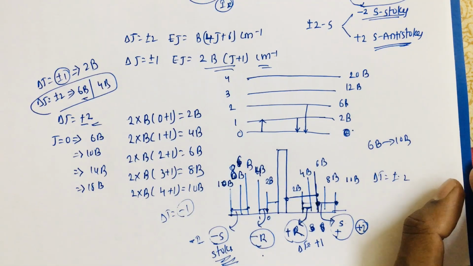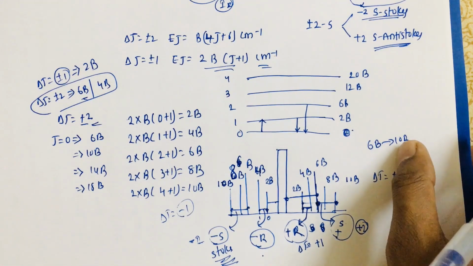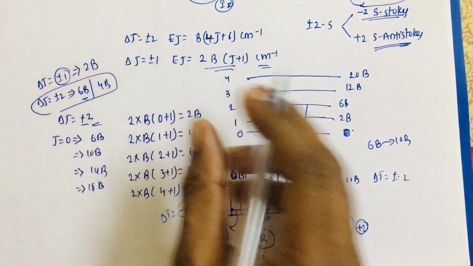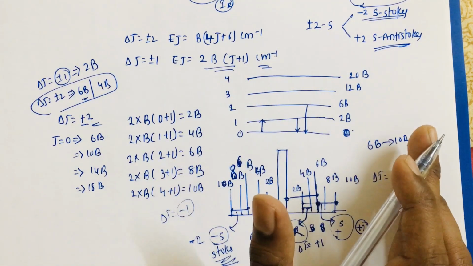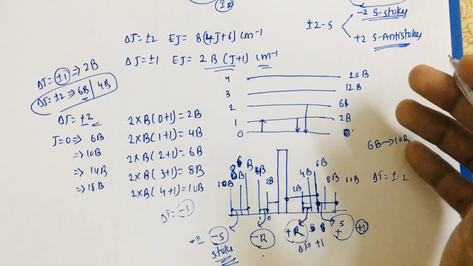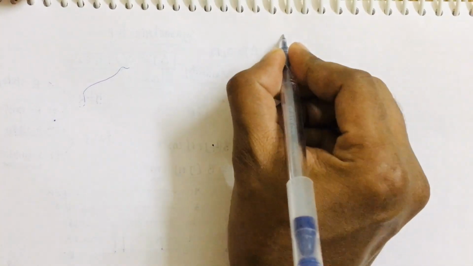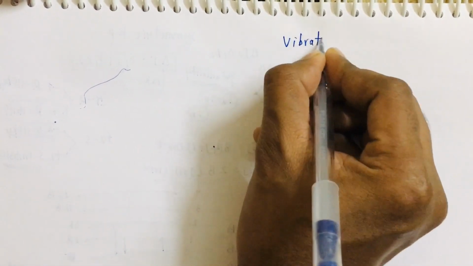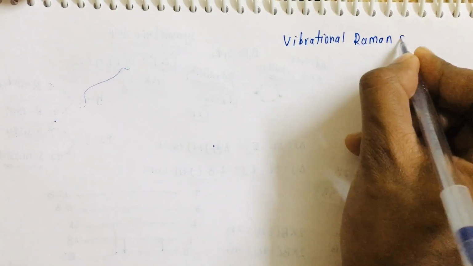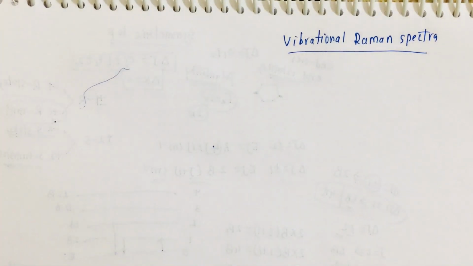Next we'll discuss some problems. Before that we have a small concept. Till now we have spoken about rotational Raman spectroscopy. Now we will talk about vibrational Raman spectroscopy, then we will go into the problems altogether.